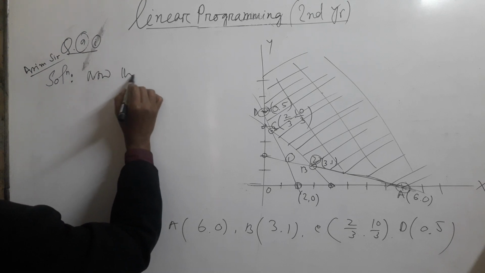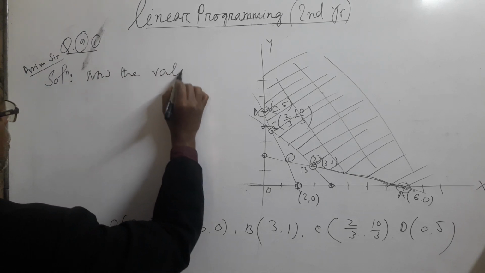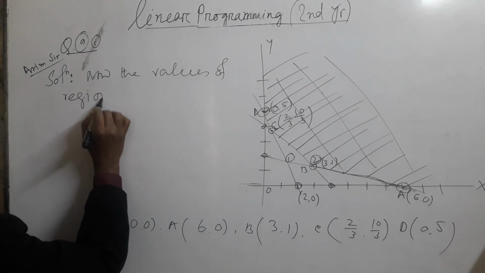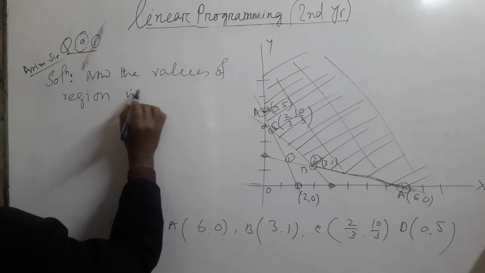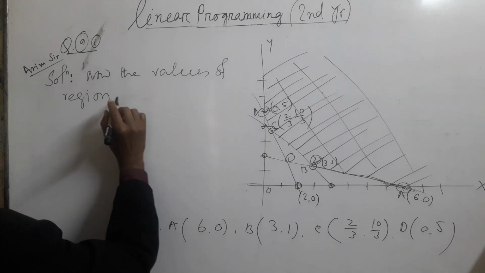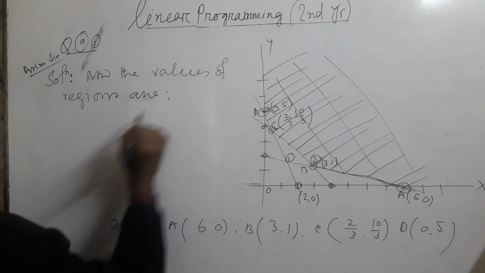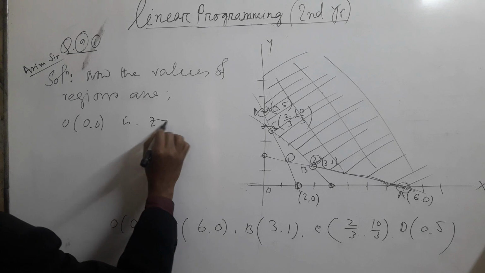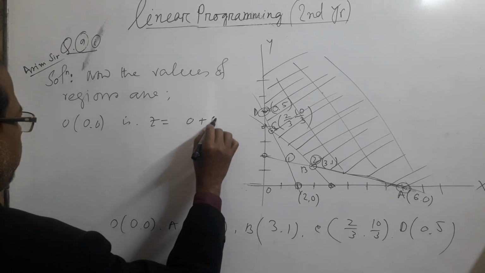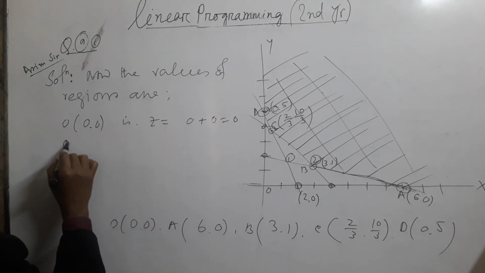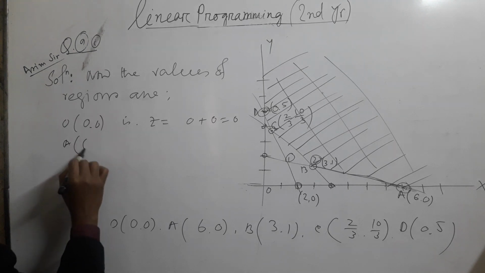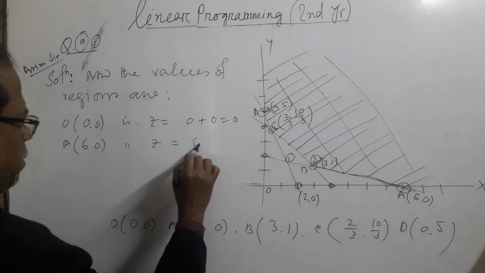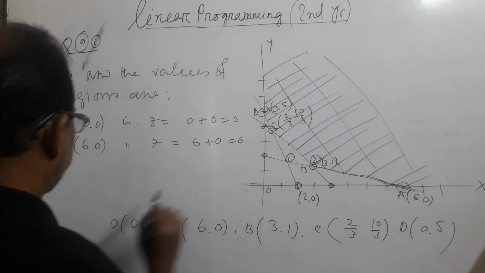Now these values of the region. The origin 0, 0 gives z equal to 0 plus 0 equal to 0. A is 6, 0, z equal to 6 plus 0, that's why equal to 6.